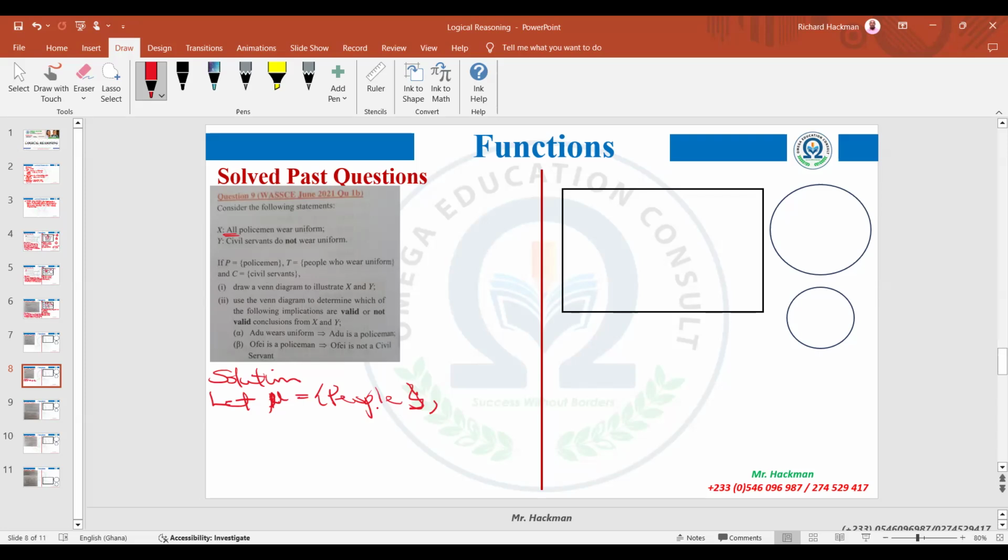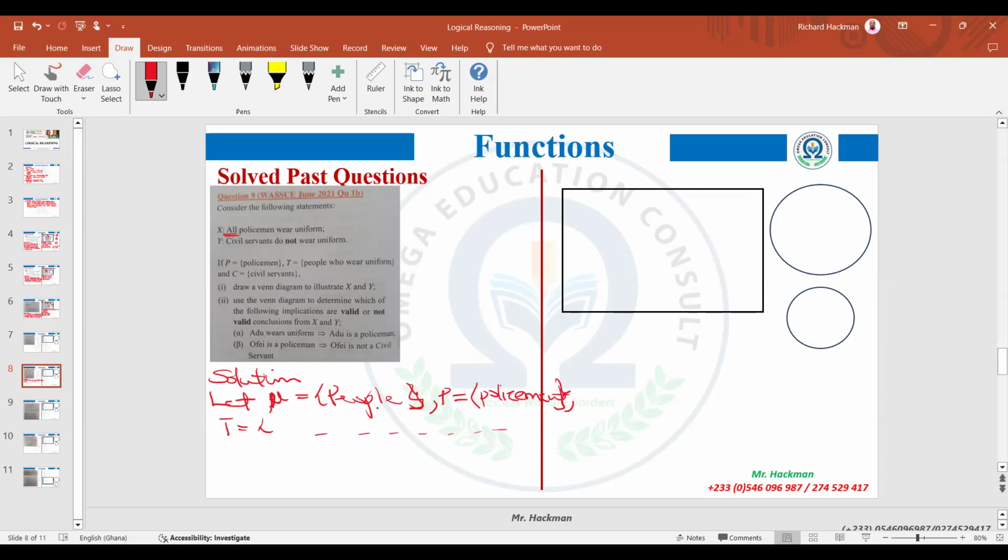We are told specifically to use P to represent policemen, and that was the more reason why I picked this question, because this time the sets are defined, so you cannot give your own names. Then T. So you extract all the sets that you have there. All correct?